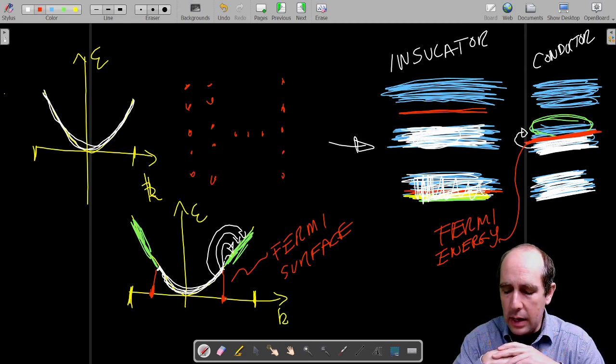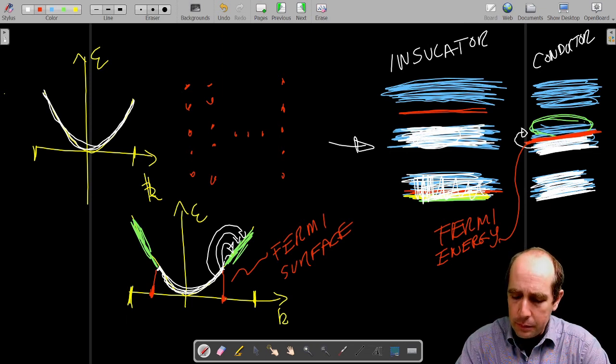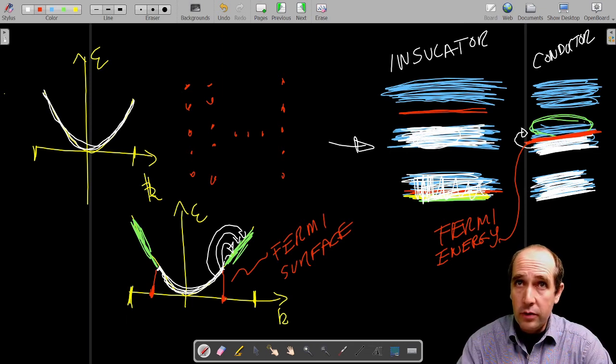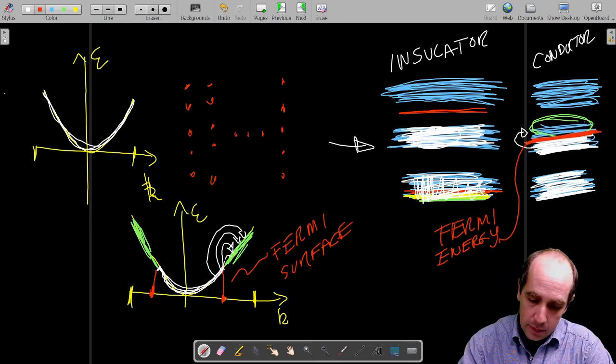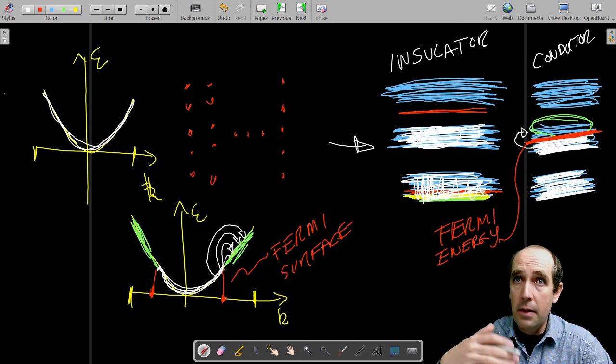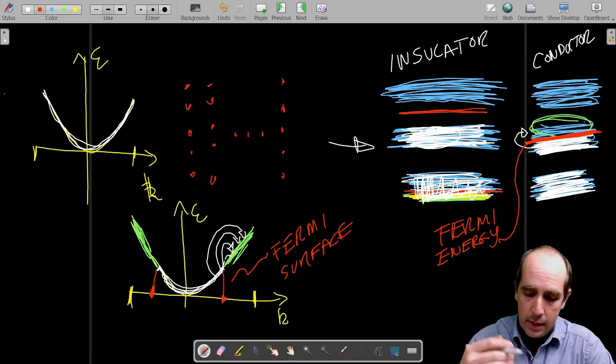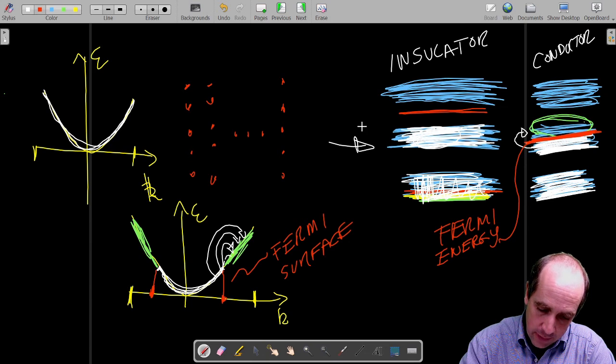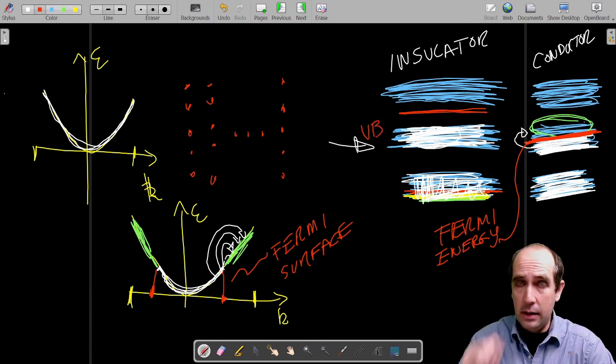What we will find is that there are two special bands, and these are the bands that are close to the Fermi energy. In the case of insulators, the last full band will be called the valence band, which we note by VB.